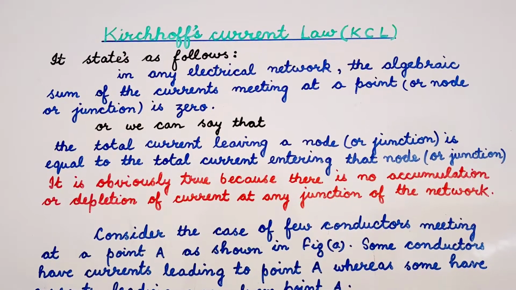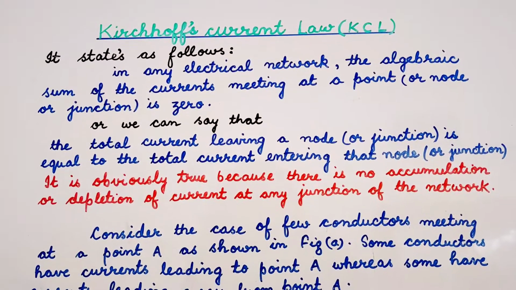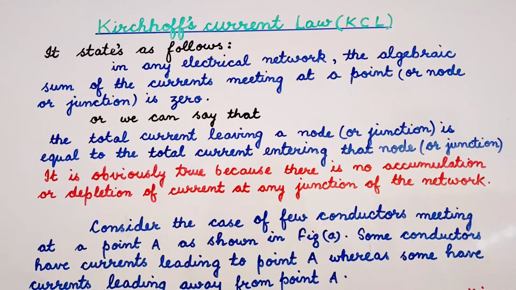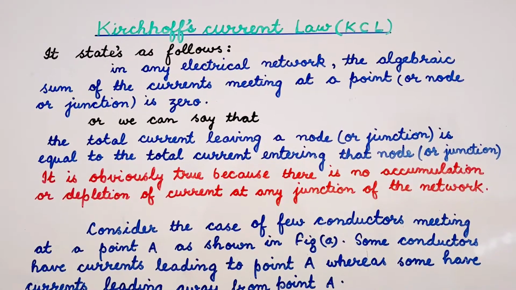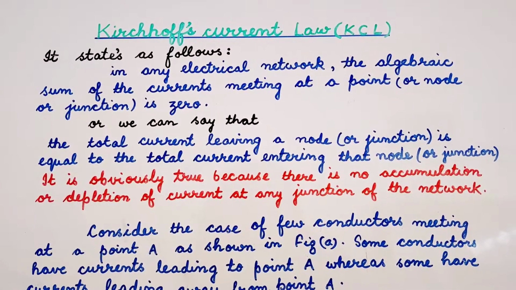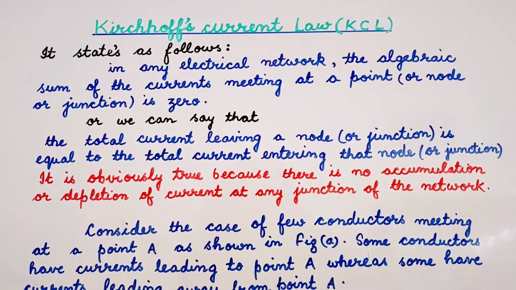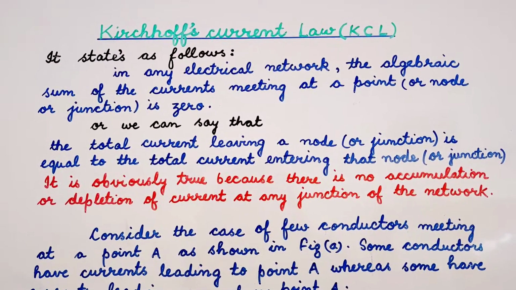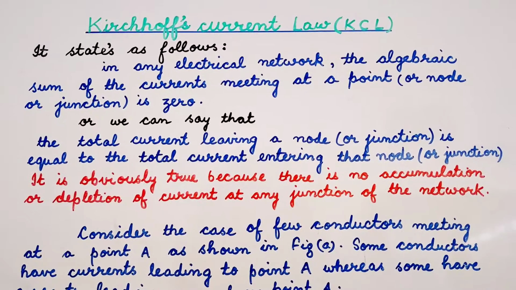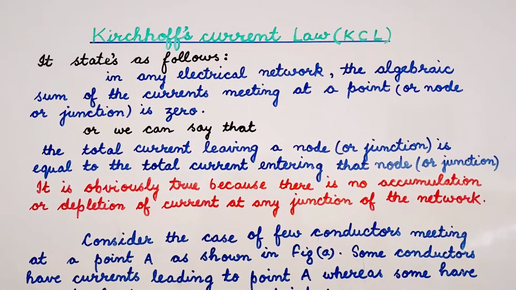Or we can say that the total current leaving a node or a junction is equal to the total current entering that node or junction. In other words, Kirchhoff's current law obeys the law of conservation of charge.